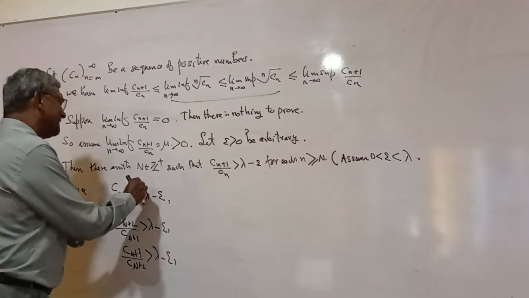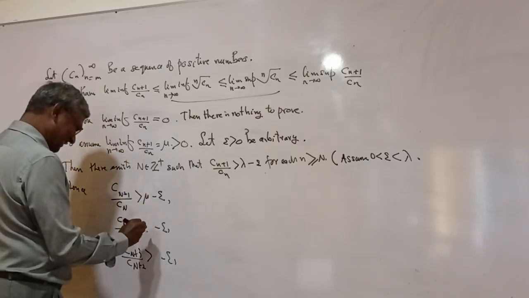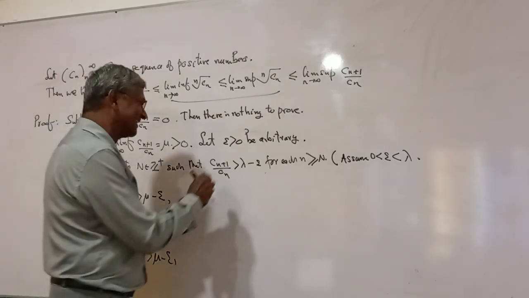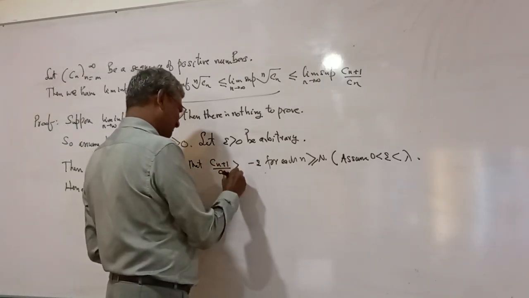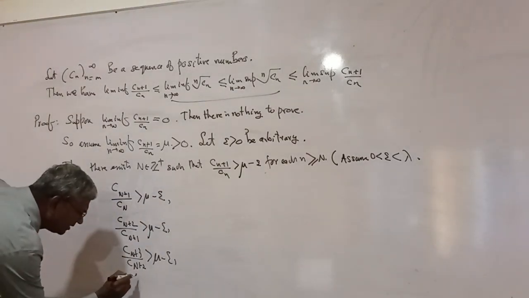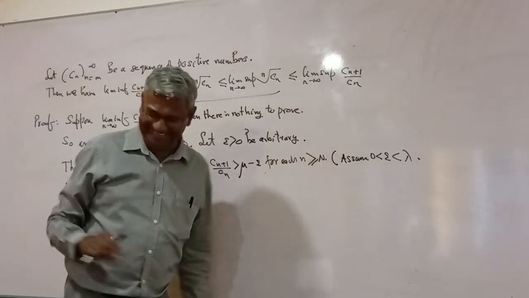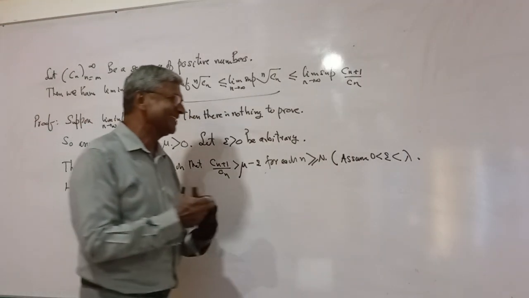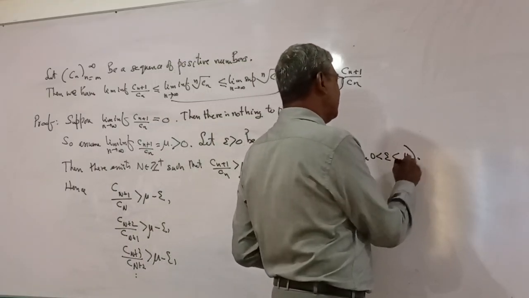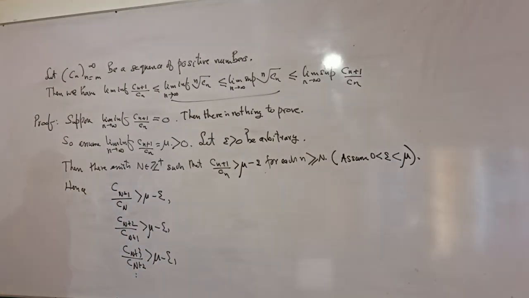So it is easy to change the mu. You notice something, I always take lambda as mu.